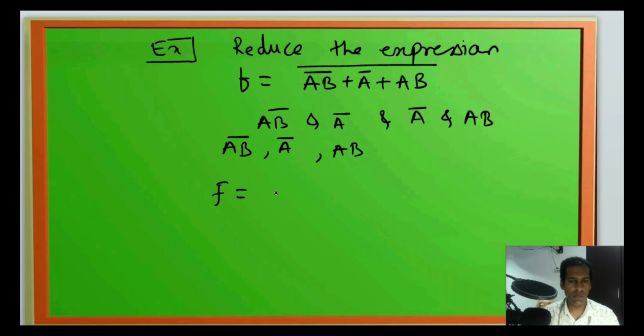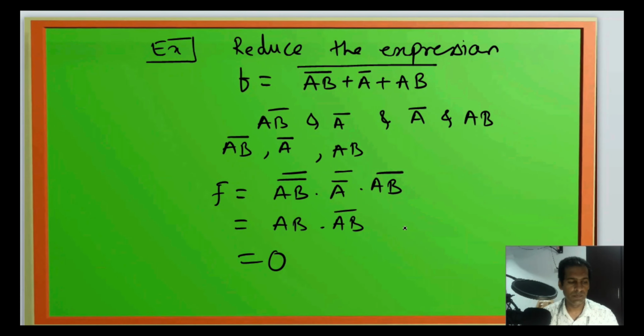So f will be equal to AB double bar into A double bar into AB bar, right? So here A double bar, we'll get AB double bar, AB, into AB bar, this will become 1 into 0, so the whole term will become 0. This is one method.